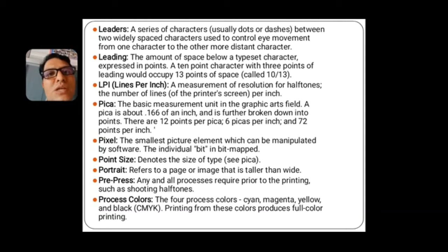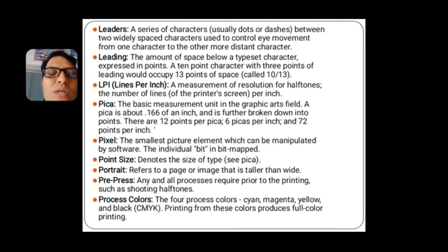There are 12 points per pica and 6 picas per inch. 6 picas per inch means 12 into 6, which is 72 points per inch.